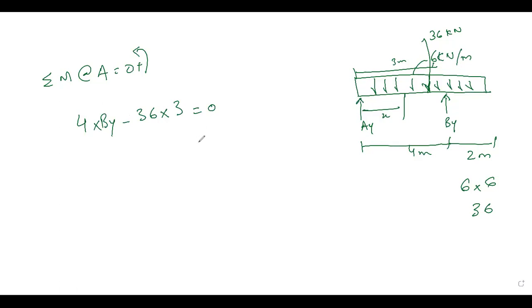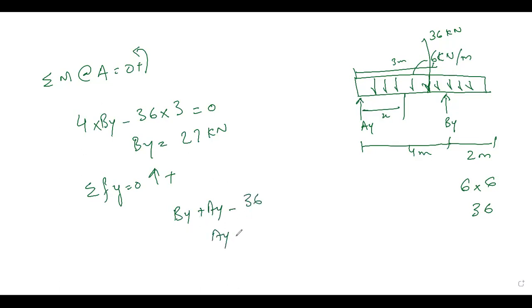This is the moment created by these two forces at support A. So BY will be 27 kilonewton after calculation. Then summation of forces in the direction of Y is equal to 0, upward positive. So it will be BY plus AY minus 36, where BY is 27, AY is 36 minus 27, it is 9 kilonewton. So AY is calculated.